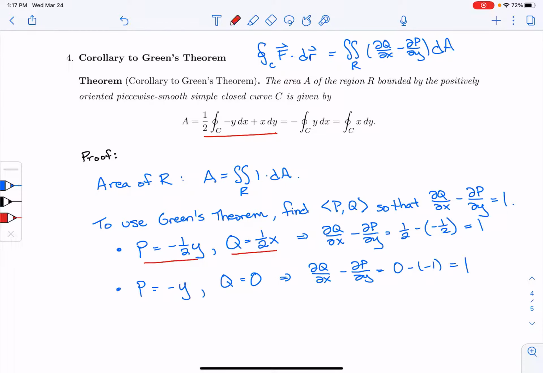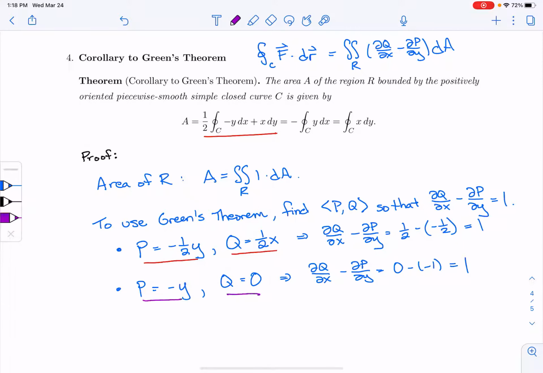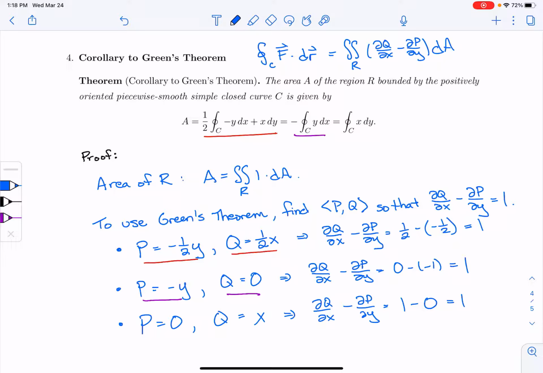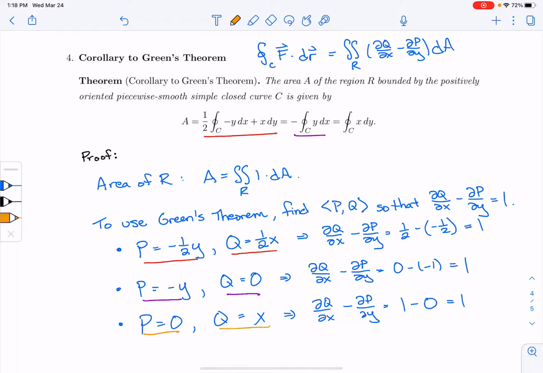And so that gives us this option for the line integral of F dot dr. We could also consider P equals 0, and then Q equal to x. In that case, dQ/dx is already 1, and dP/dy is 0, and so we get 1 minus 0, which is equal to 1. And so that case corresponds to this final integral.